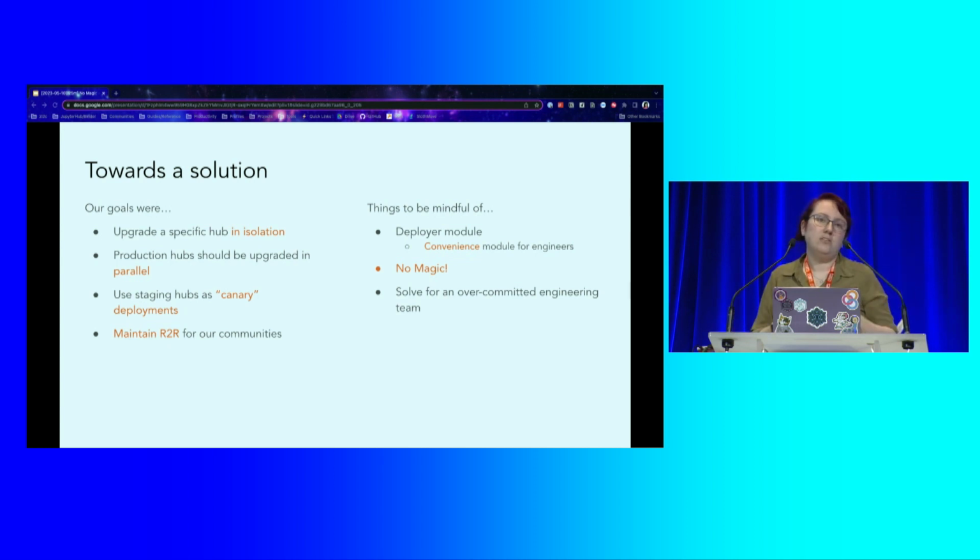Now, there are layers to right to replicate here, and there are arguments that maybe communities are running multiple hubs. But for this first iteration, I wanted to assume that a community would have one hub and they wouldn't need an overpowered module to manage this hub for them. But we do need to solve for an overcommitted engineering team who don't have time to babysit long-running CI/CDs.